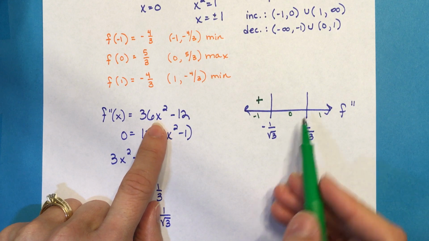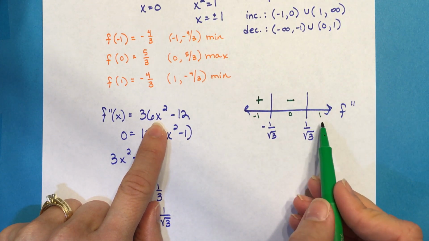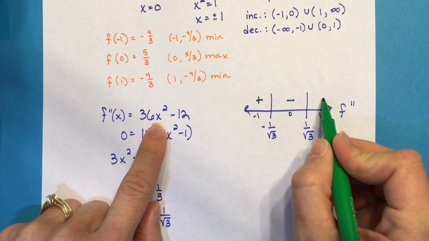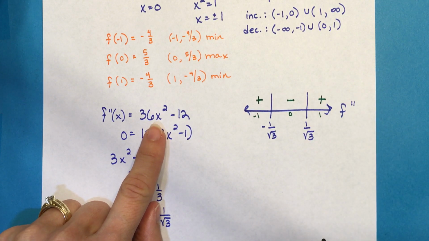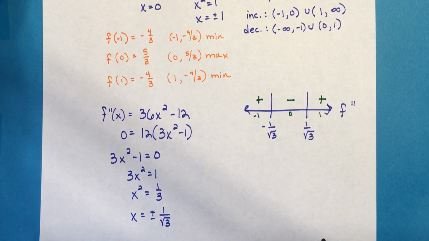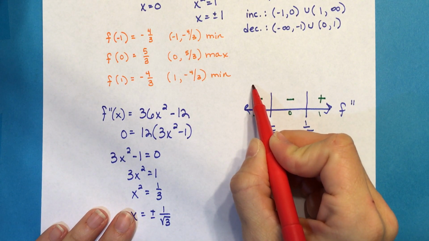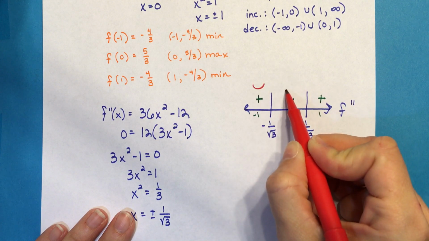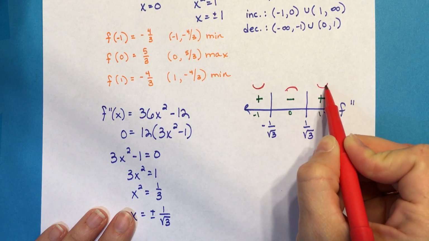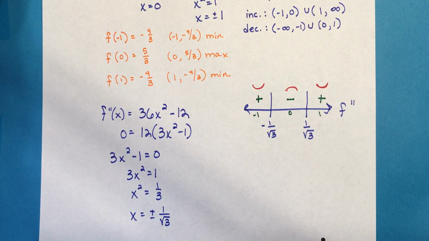If I substitute in 0, I'll get a negative, and if I substitute in positive 1, I'm going to get a positive. Remember, here we're determining concavity. So this whole section is going to be concave up, this section is going to be concave down, and this section's concave up.